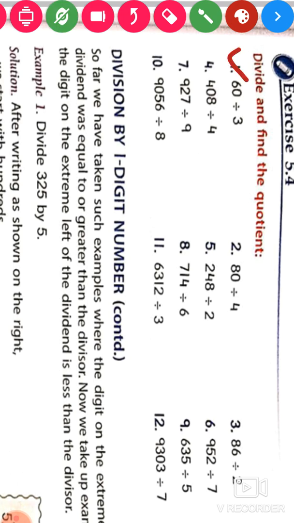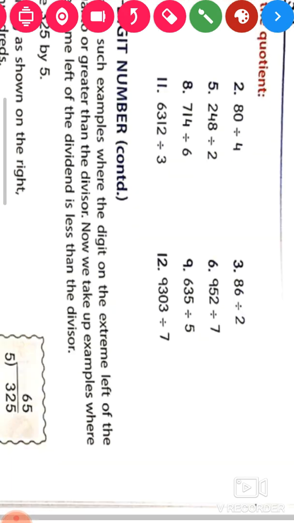Now let us start with question number 1. Our first question is 60 divided by 3. Though these questions are very easy and we have practiced them yesterday, still to make your grip strong on division, we are doing the exercise questions also.